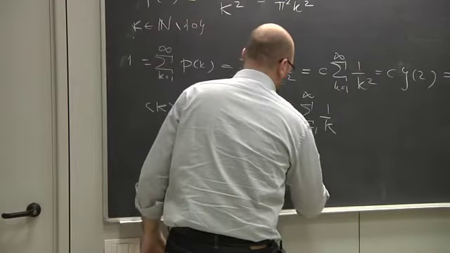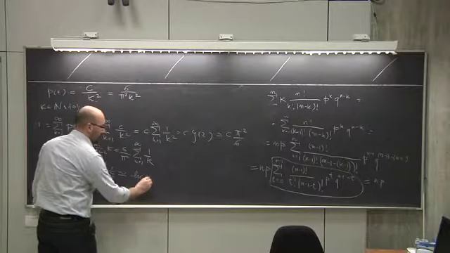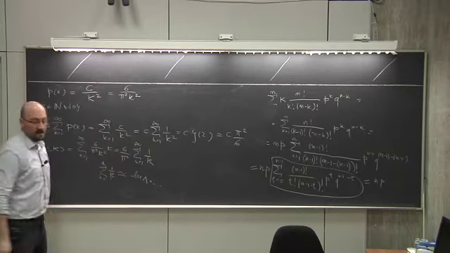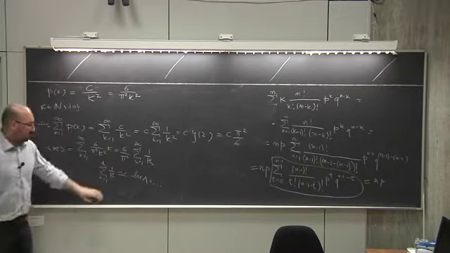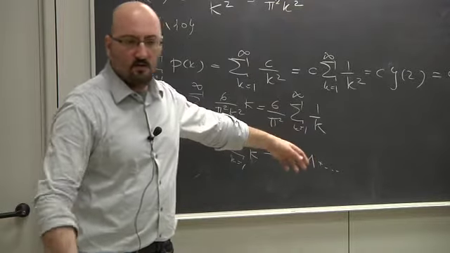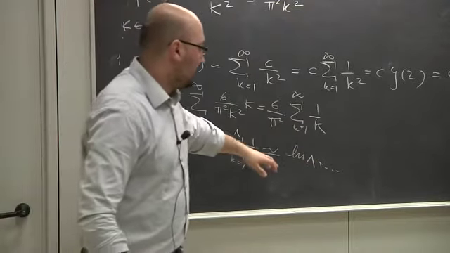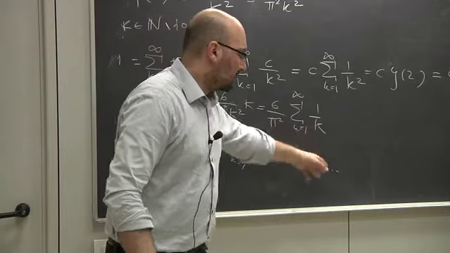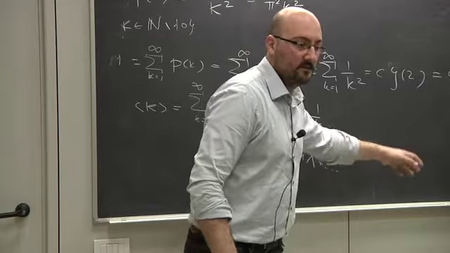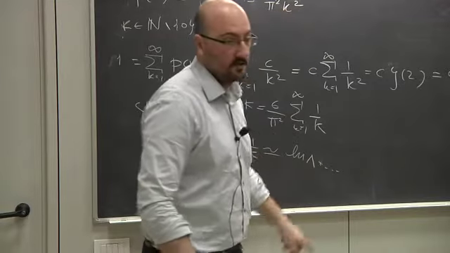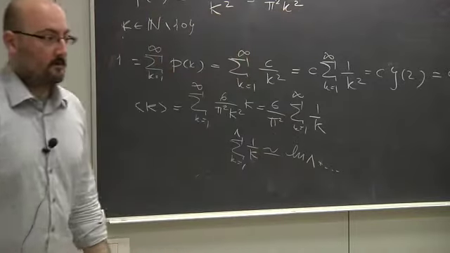So this goes like the logarithm of lambda, plus other stuff. It's not exactly the logarithm of lambda. In fact, this thing is called the harmonic number, as you say. So there are constants, there is something which goes to 0 like 1 over lambda and so on and so forth. But the important thing is that this diverges like log lambda.